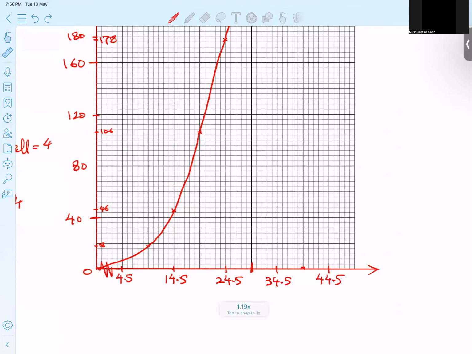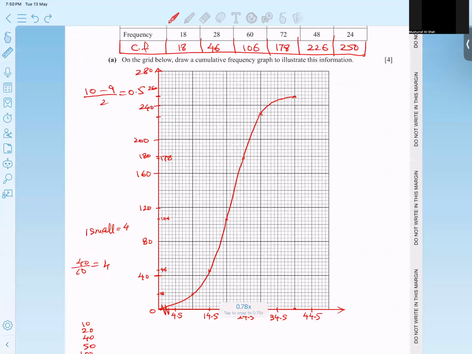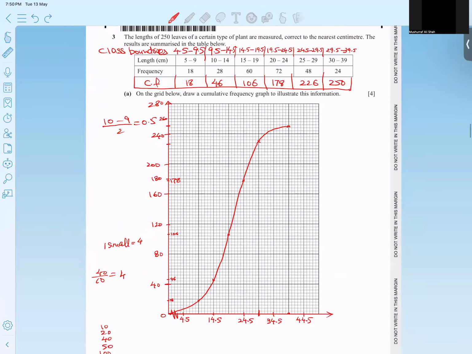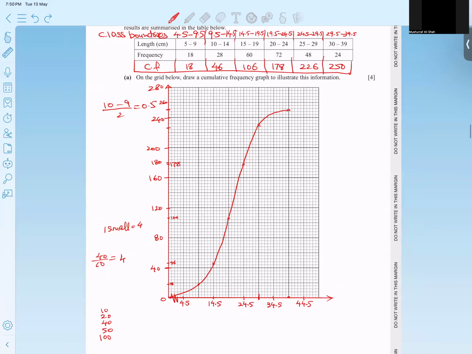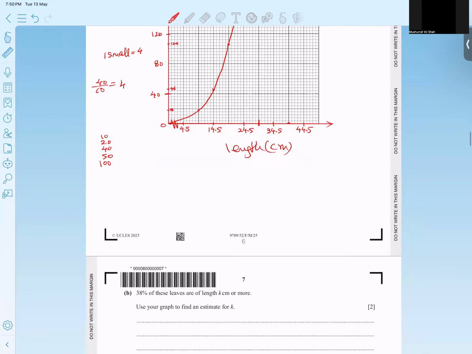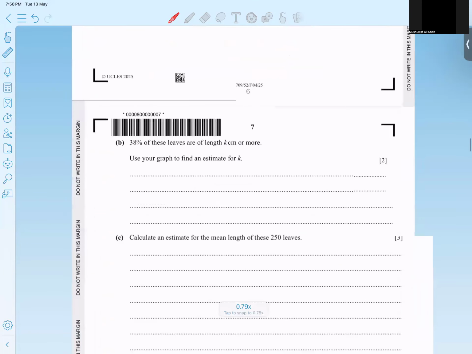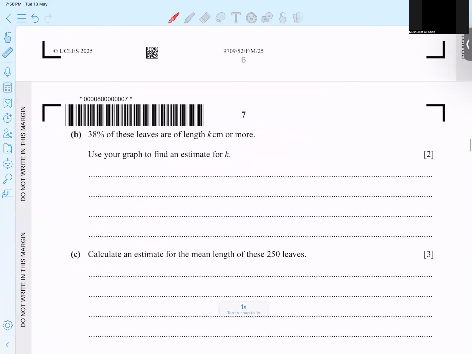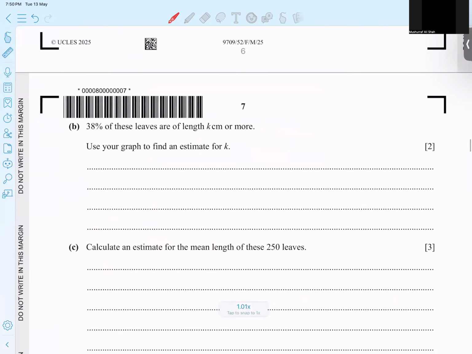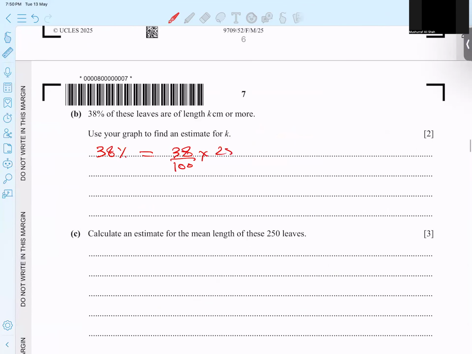And now right here, length in centimeters. And right here, C.F., cumulative frequency curve. Let's talk about this question. 38% of the leaves. 38% means 38 over 100 times 250.